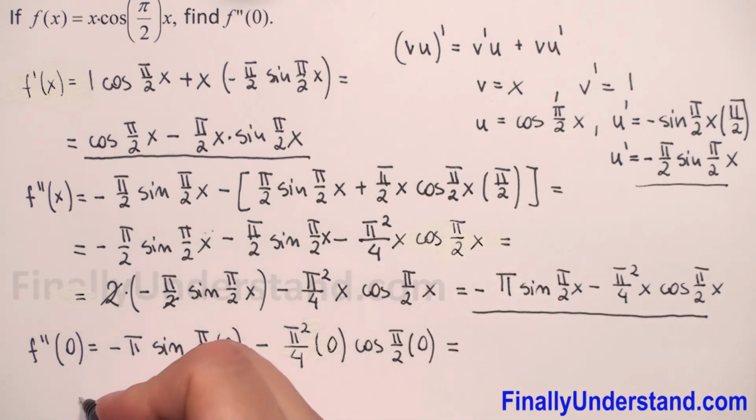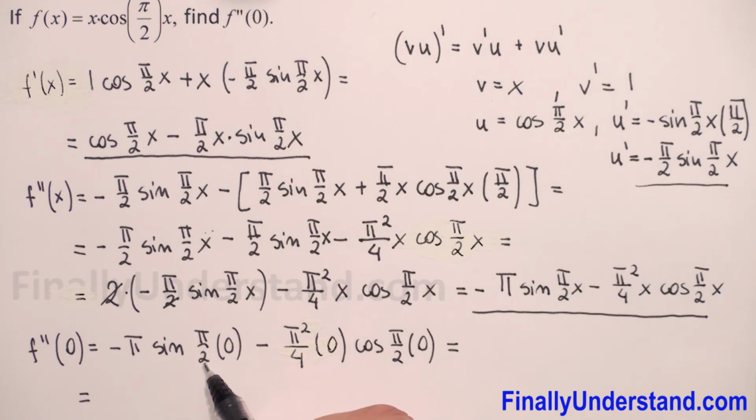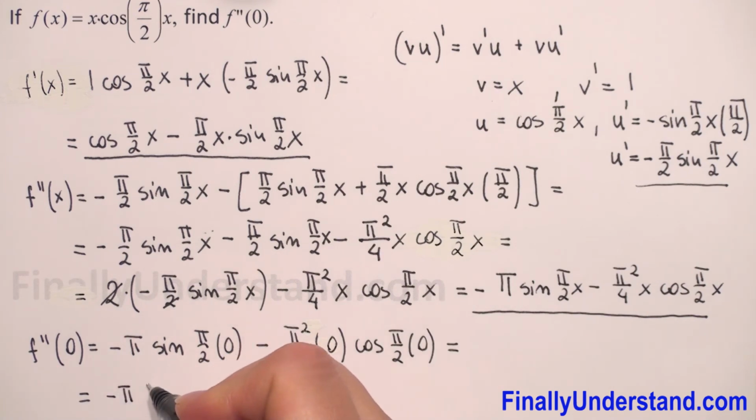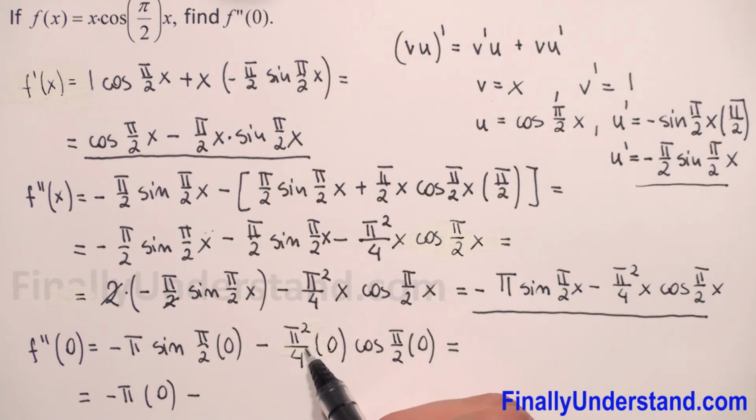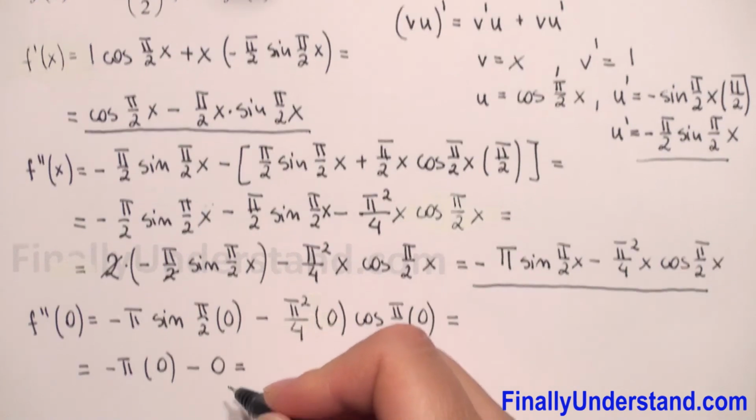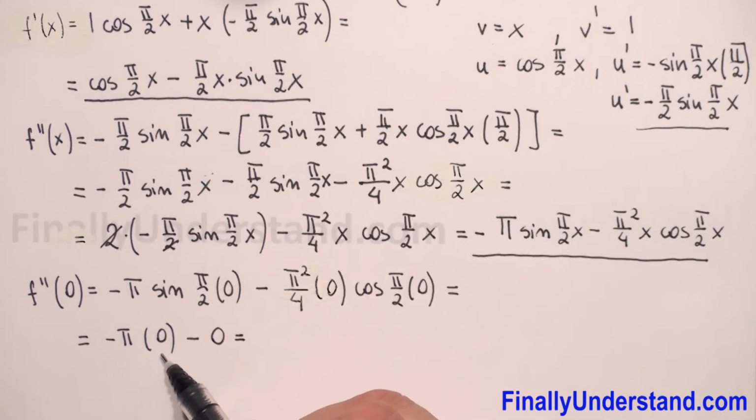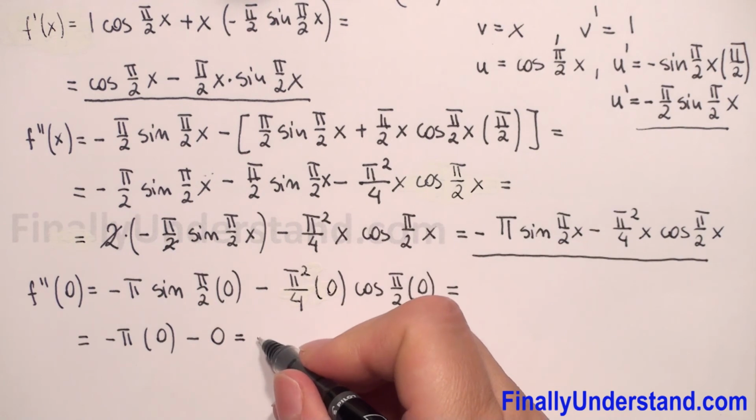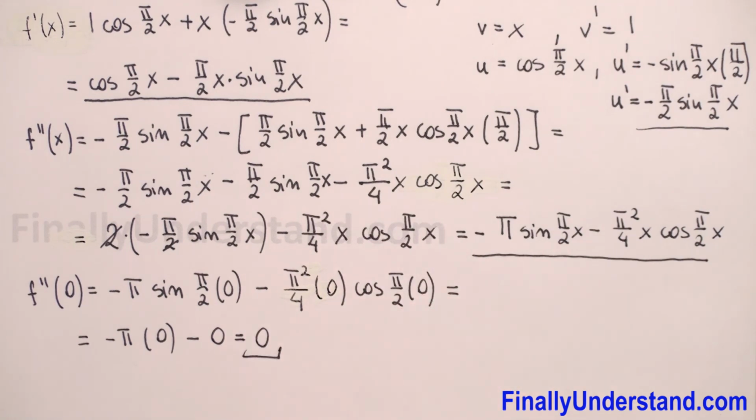This is equal to negative pi times sine of pi over 2 times 0, which is 0. Sine of 0 is 0. So we have negative pi times 0, minus pi squared over 4 times 0. So this expression will be 0. So we have negative pi times 0 is 0, minus 0 is 0. This is my solution.